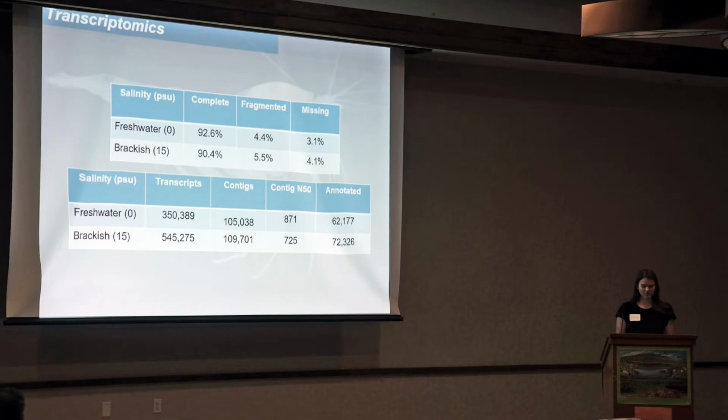From that list, 62,171 were annotated during the functional annotation step. You can see the results for the brackish samples there as well, transcripts and contigs. With our completeness, we had a 92.6% reported completeness for the freshwater and 90.4% for the brackish.